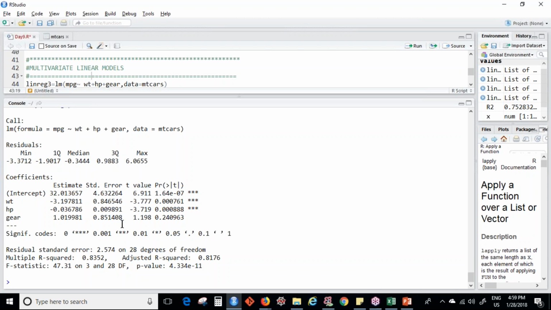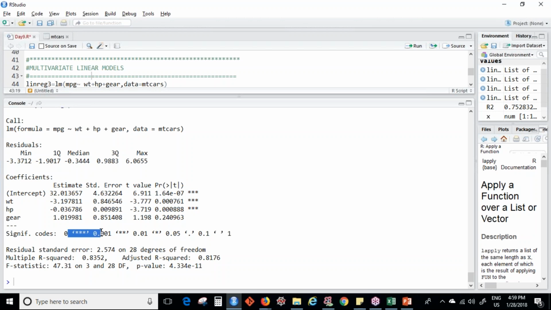Yeah, this just means that if your p value is in this range, between 0 and 0.001, you will get 3 stars. That is why you have 3 stars here, because this value is less than 0.001. It is 1.64 into 10 to the power minus 7, so 0.0000 something.